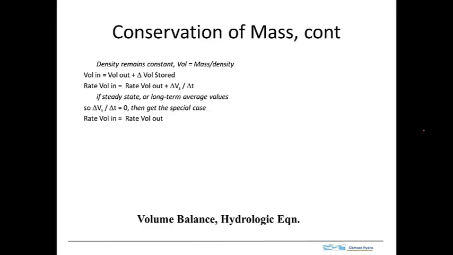And what we're going to do is say that this is true. So, just from the previous page, mass rate in equals mass rate out plus the change of mass stored with time.